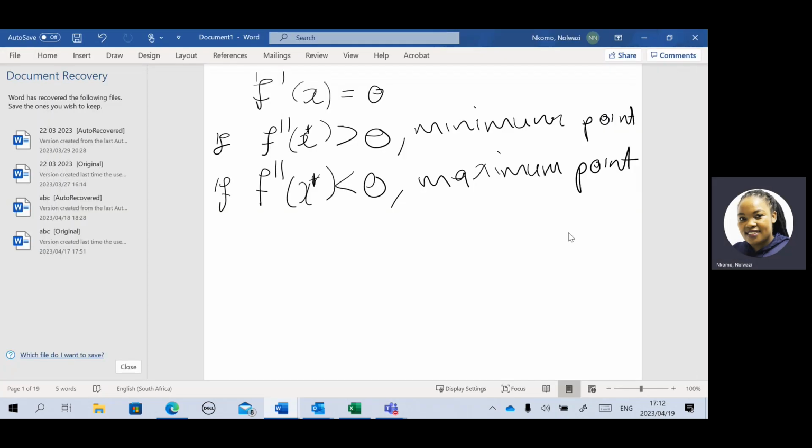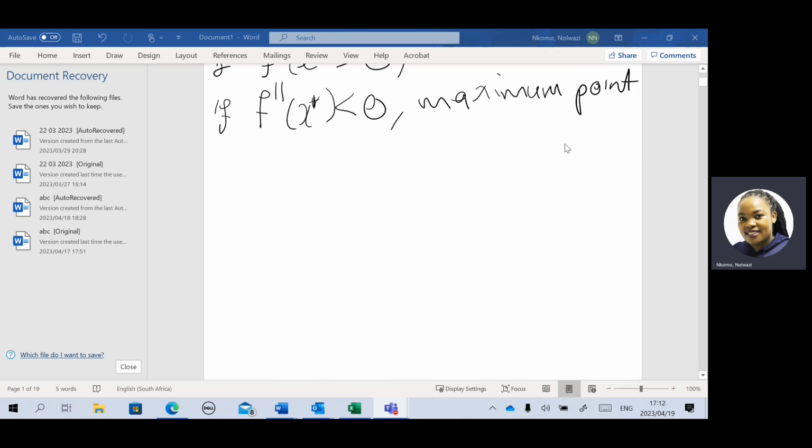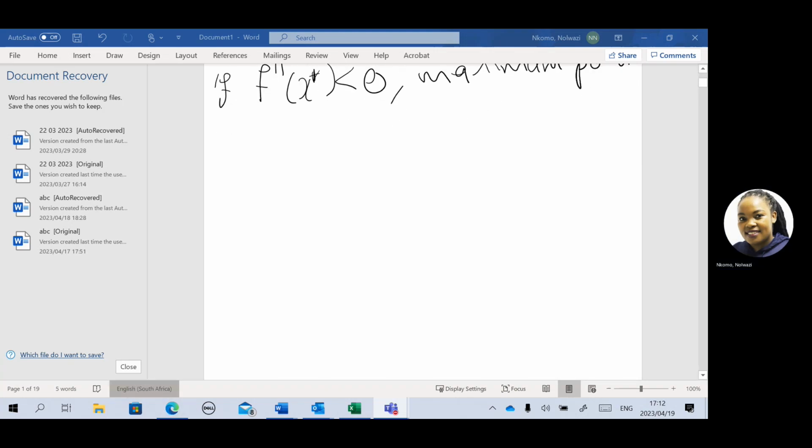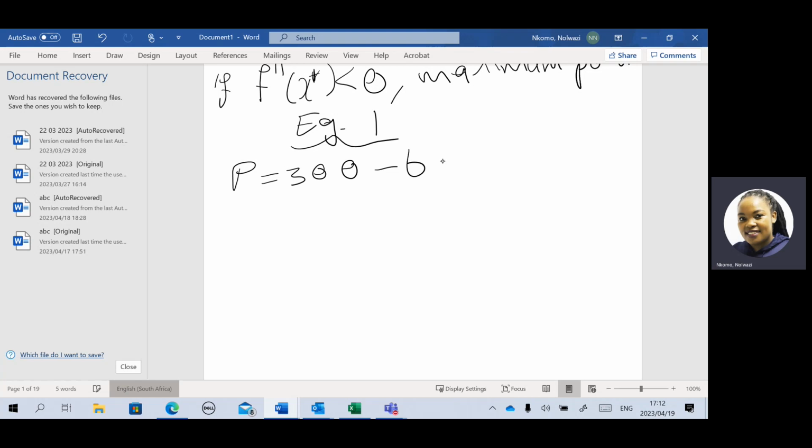Okay, let's do an example here. Suppose you are given a demand function for a good as P equals 300 minus 6Q.